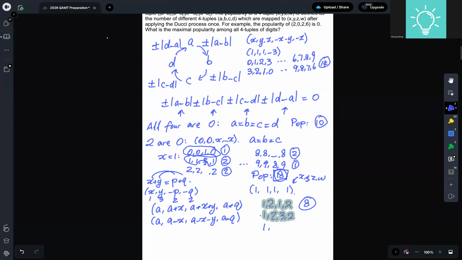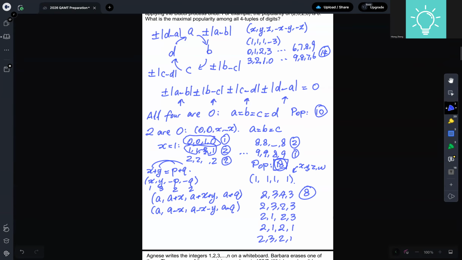Maybe let's not do 1. If we go 2, 3, 4, 3, and then back to 2, that's 4. Difference 1, 2, 3, 2, 3, 2, 1, 2, 3, or even 2, 1, 2, 1. 2, 3, 2, 3, 2, 1, right?